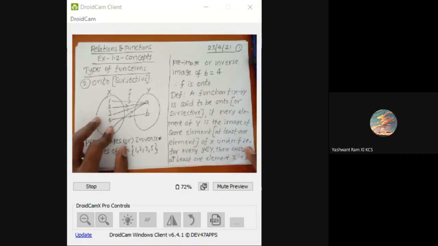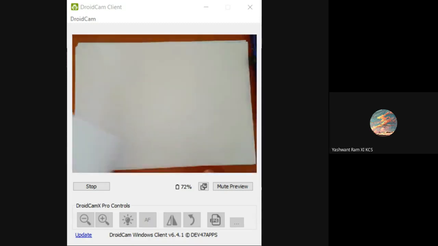That is, for every y belonging to Y, there exists at least one element x in X such that f of x is equal to y. Yes, this is the definition of an onto function.